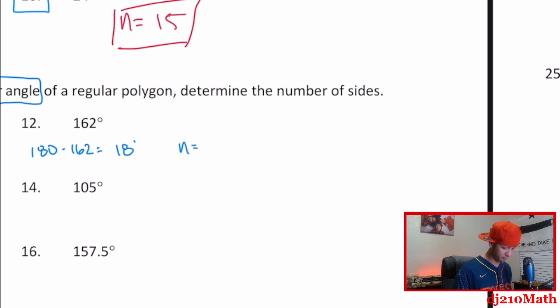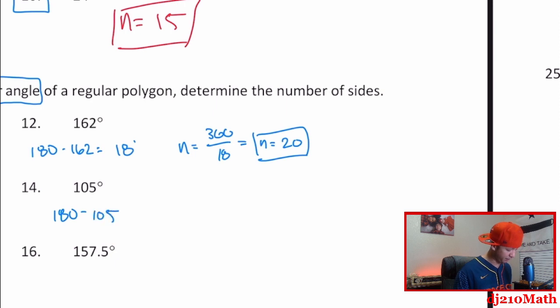N is equal to 20. Next, 180 minus 105 is 75. So the exterior angle is 75. So 360 divided by 75 is 4.8.